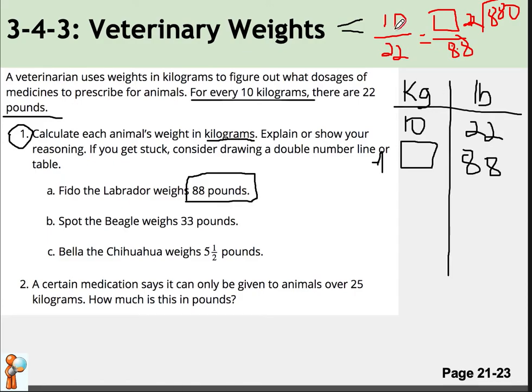We're multiplying 10 times 88. That's the same as here. And then dividing it by 22. If you look at our chart, you almost can do this if you know how to cross multiply without drawing it out. Now, if that confuses you, please draw it out. So we have 880 divided by 22. And that gives us 40.